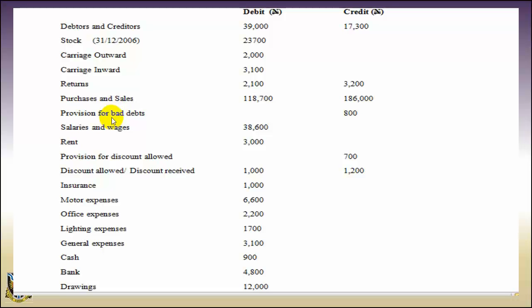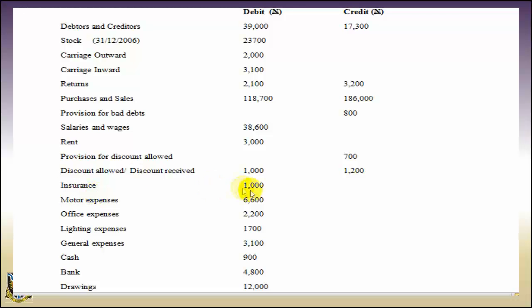Provision for bad debt, credit 800. Salaries and wages, debit 38,600. Rent, debit 3,000. Provision for discount allowed, credit 700. Discount allowed and discount received, debit 1,000, credit 1,200.